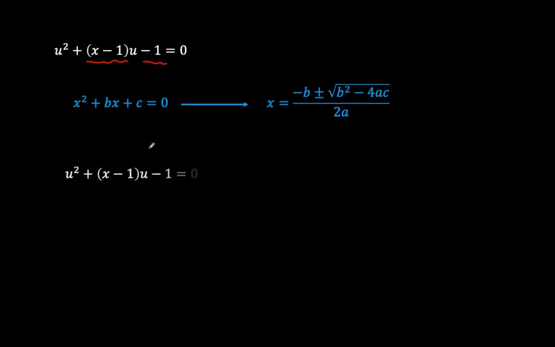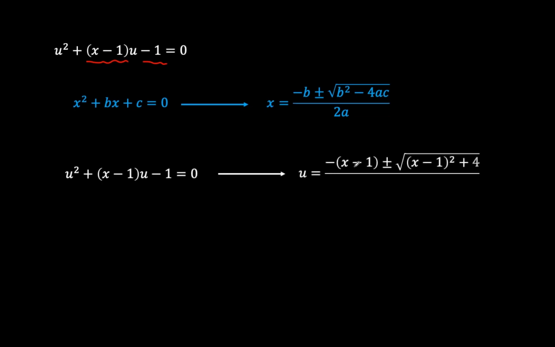Such that u is negative b, therefore minus x minus 1, plus or minus the square root of x minus 1 squared minus 4ac, that means 4 times positive 1, which is a, times negative 1, which is c, and therefore we get plus 4 here, all over 2 times 1, since a is 1.